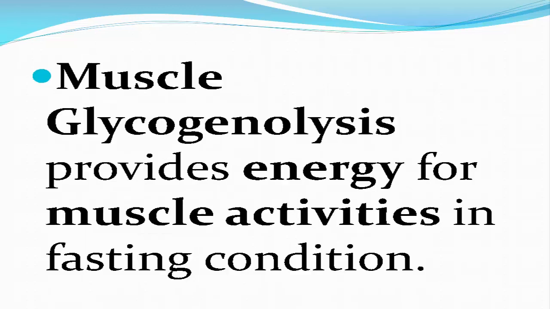But in contrast, the glycogen that was stored in muscle will not help to maintain blood glucose level, but is utilized only for muscle activity, that is muscle contraction. So that is the difference. Liver glycogen maintains blood glucose for other tissues, and the glycogen stored in muscle is used only for its own use during muscle contraction.